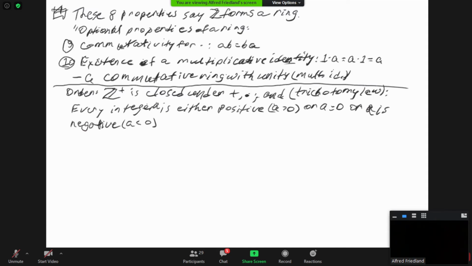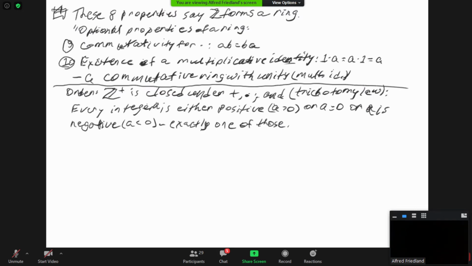And the negative numbers are the numbers that are less than 0. So each number a is in exactly one of those categories. Either it's bigger than 0, or it's less than 0, or it's 0 itself.